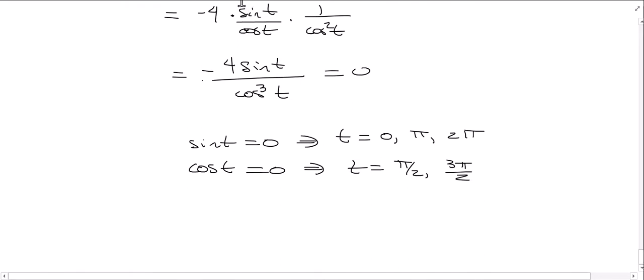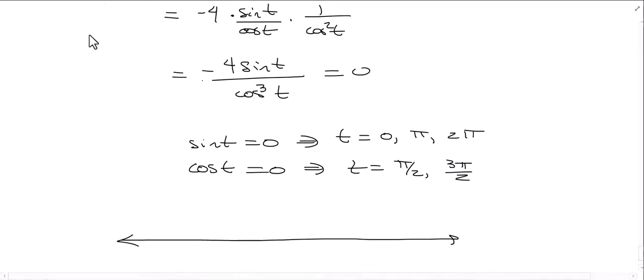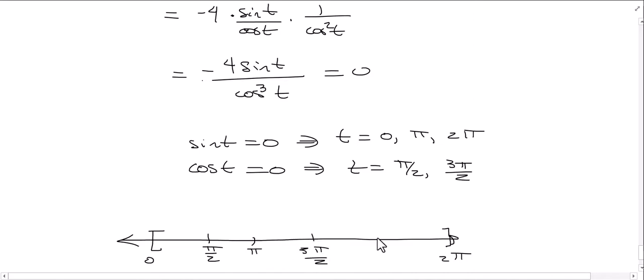And so let's do the number line again, but now we are testing the second derivative. Because I'm confined to the interval 0 to 2 pi, we're going to put in our critical numbers in order. So pi over 2, pi, 3 pi over 2, and 2 pi.